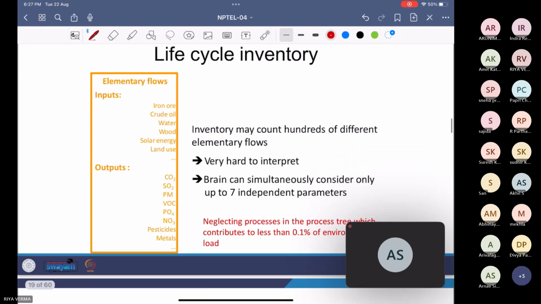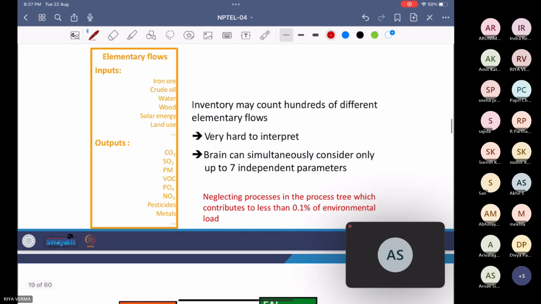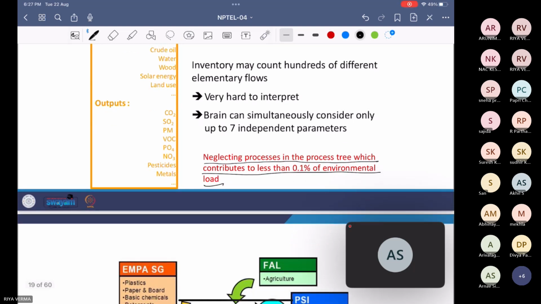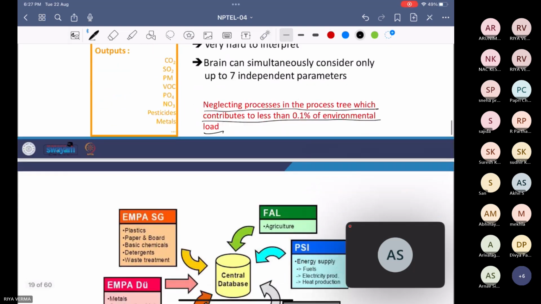So to make the life cycle assessment data sheet a bit simpler, what we have done is we have neglected the processes in the process tree which contribute to less than 0.1% of the environmental load. This we have assumed to make the process a bit simpler.